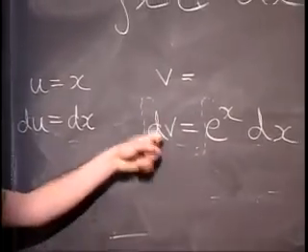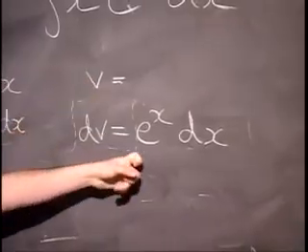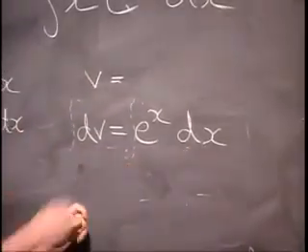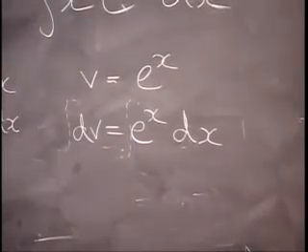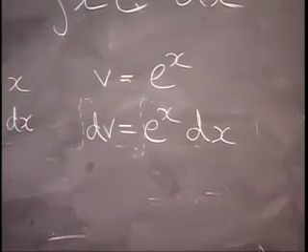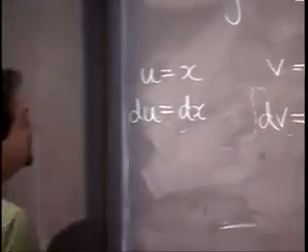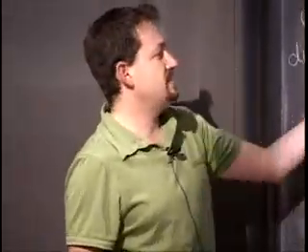The integral of dv is just v. The integral of e^x dx is just e^x. And you could put a plus c, but it turns out that the c doesn't get you anything. You can try it if you like. Work the entire example through, but where instead the v is e^x plus c, and you'll see that the constant just goes away.